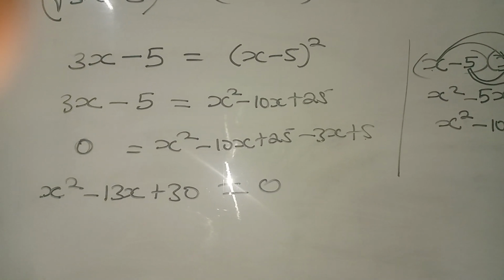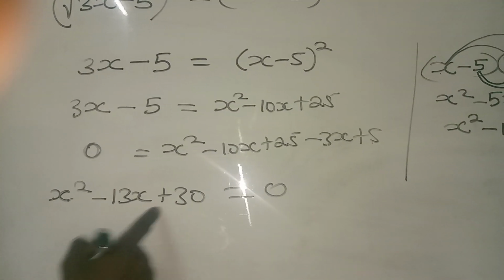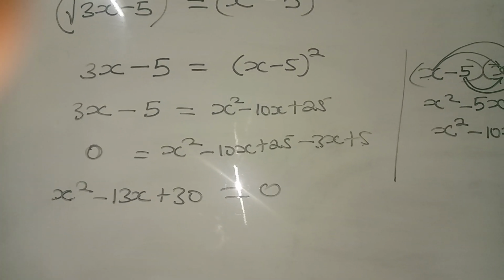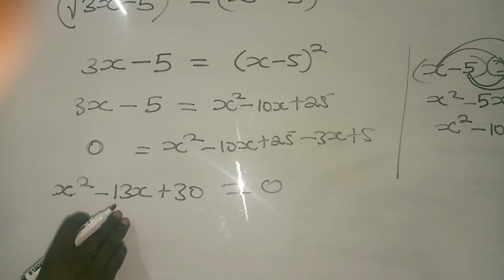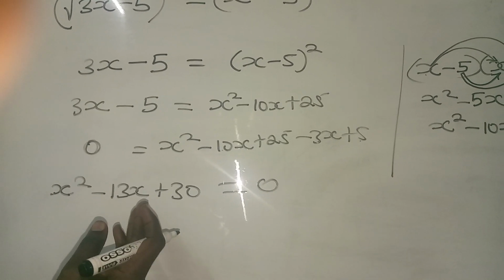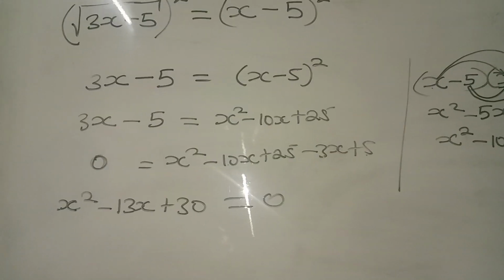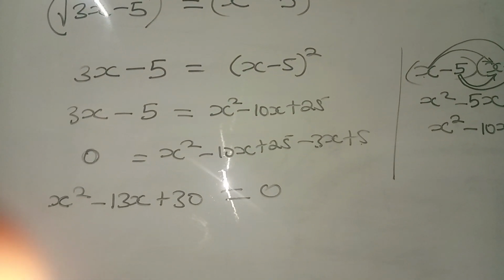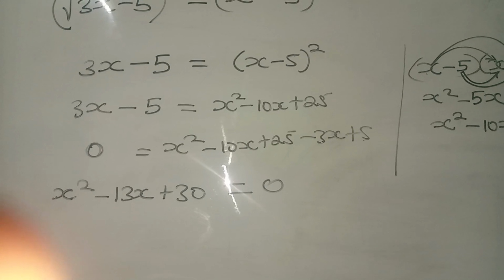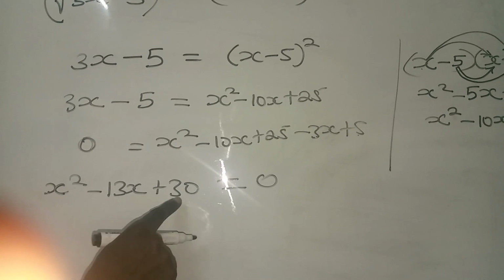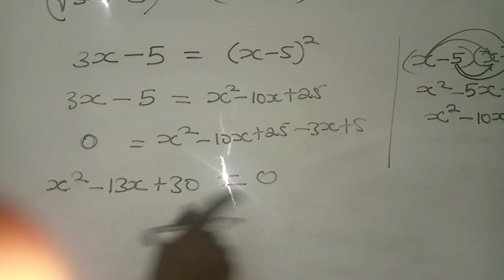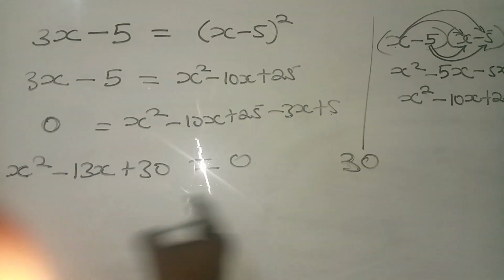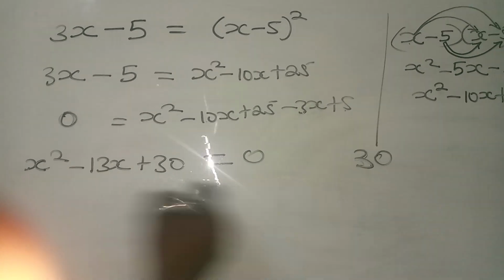Now from this, we are going to get factors of 30. Here we have come up with a quadratic equation, and we can use the quadratic formula. We can also use factorization. For this one, we're going to use factorization because it's very easy to factorize. What you're going to do is get the factors of 30 that you add and get negative 13.